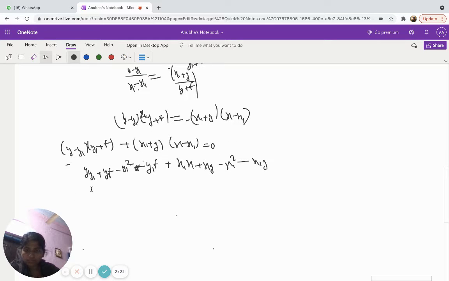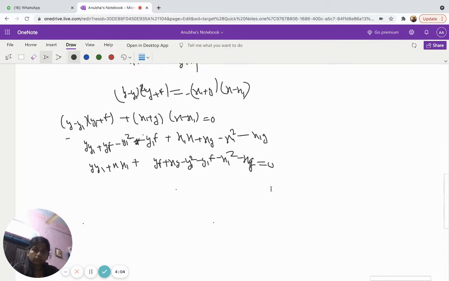Okay, so we combine it: x x1 plus y y1 plus f y plus g x minus y1 square minus y1 f minus x1 square minus x1 g equal to 0.